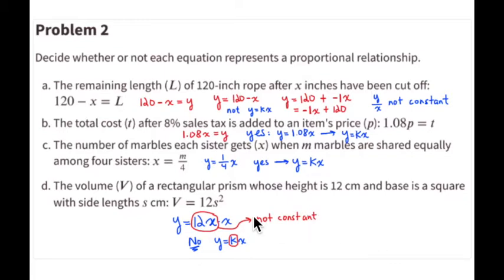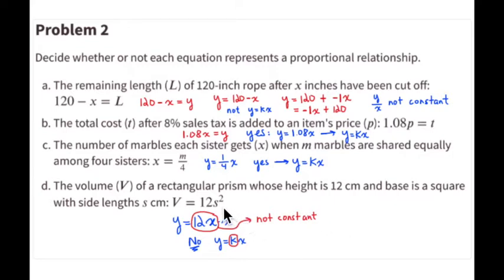So D is looking at the volume of a rectangular prism whose height is 12 centimeters, and its base is a square with side lengths equal to s. So the volume is equal to 12 times the area of the base. So s squared is the area of the base, and then that rectangular prism is going to be 12 centimeters high.